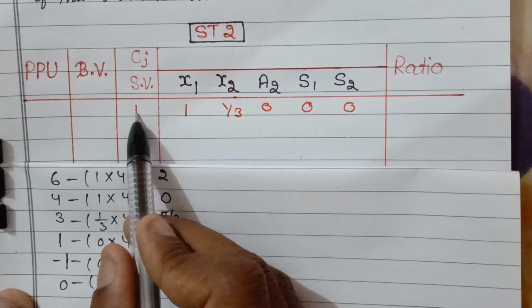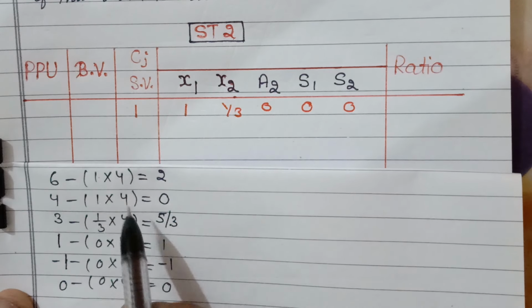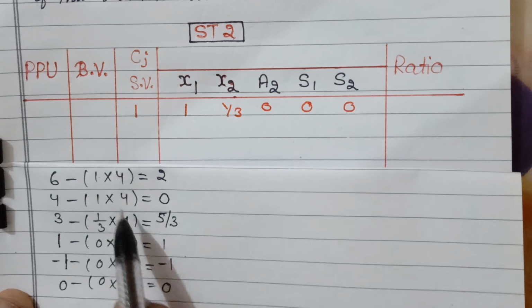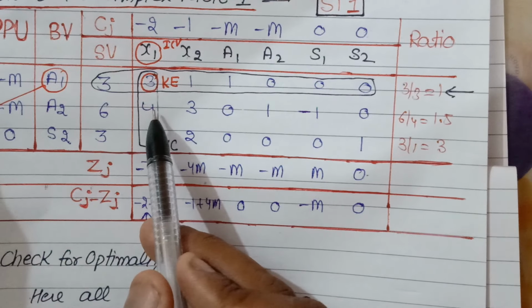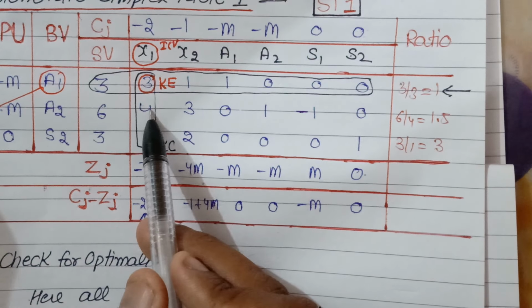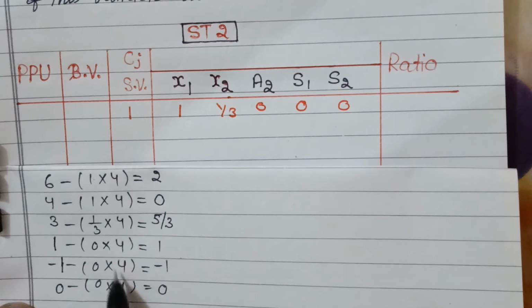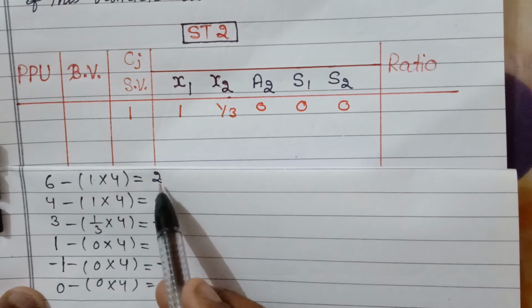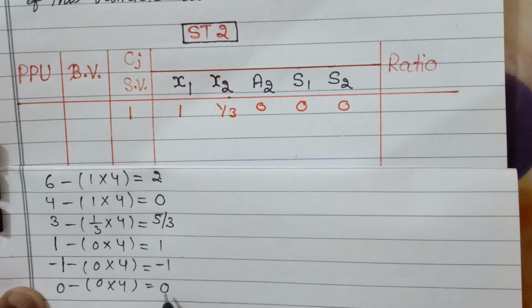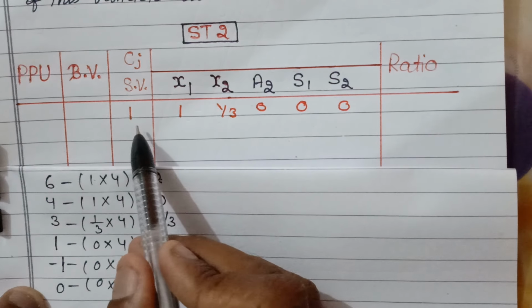You will see that this is 1, this is 1, this is 1 by 3, and all these are 0. Okay, now we have to multiply all these elements by the element which has to be made 0 from the simplex table 1. Here you will see that this 4 has to be made 0, so we will multiply all these elements with this 4. Then we will solve this equation, and after solving this equation we have got these values. Okay, now we will plot all these values in the simplex table 2.